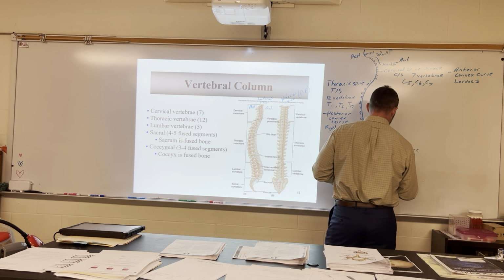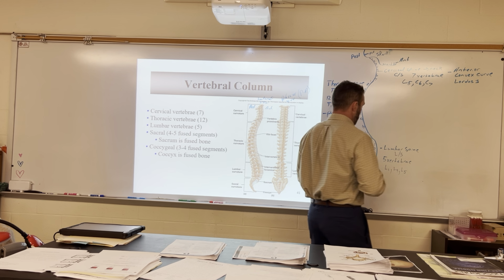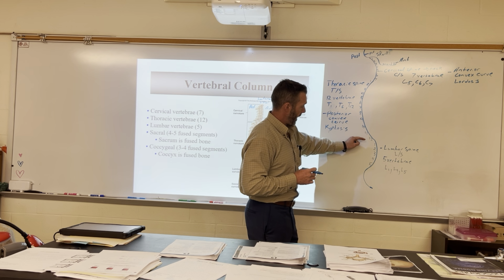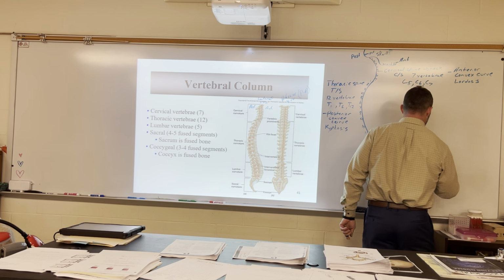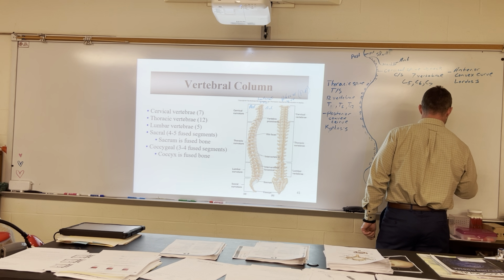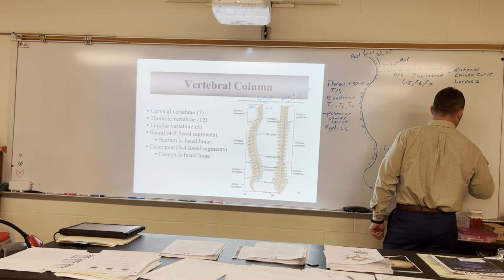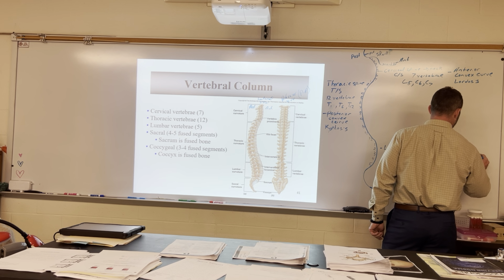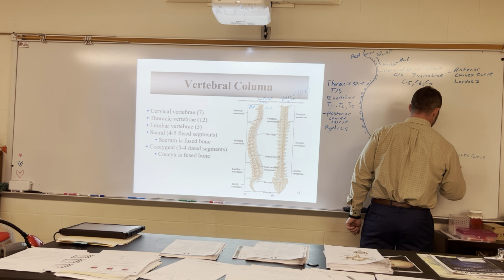We can abbreviate them as L1, L4, L5. Okay. You'll notice that the lumbar spine has an anterior convex curve like the cervical spine. Just like in the cervical spine, this is called a lordosis.